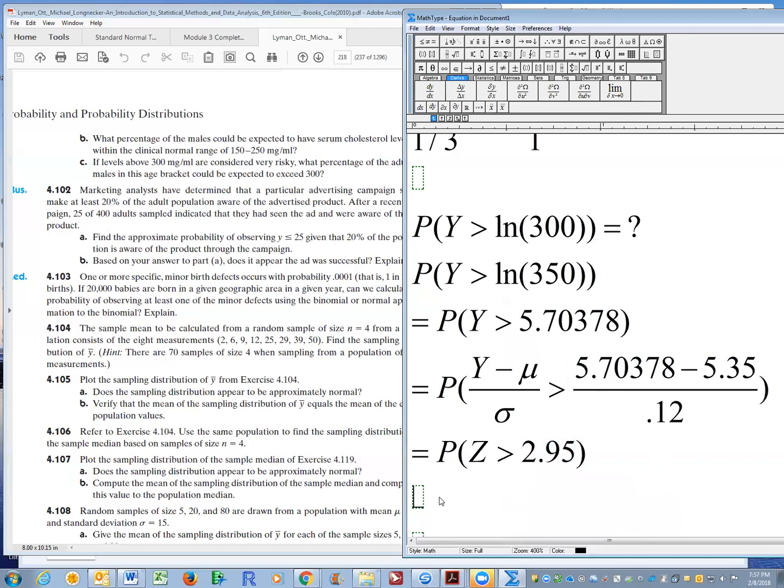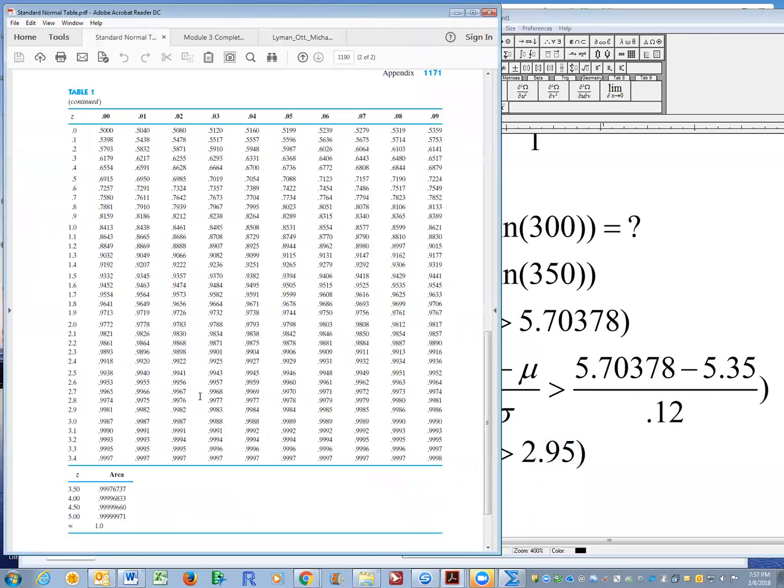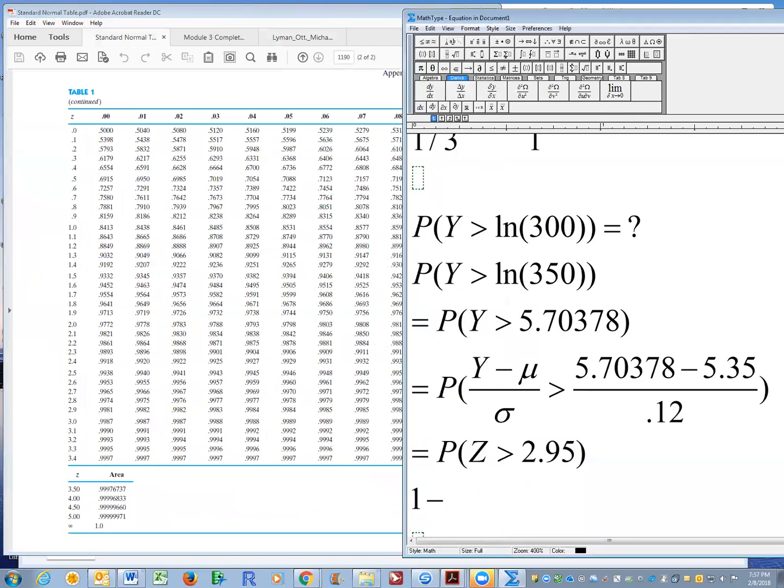But if you use the table, you get 1 minus what? 0.9984. Which is 0.0016. And you were getting 0.0018, is that right? Yes, sir. Okay. So, yeah, on WebAssign, I know that can be kind of frustrating. It's kind of an artifact of these computer homework systems.